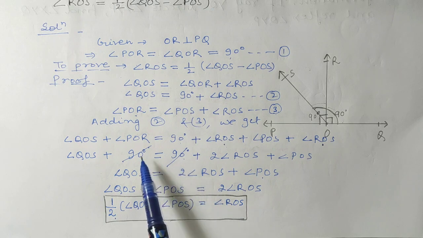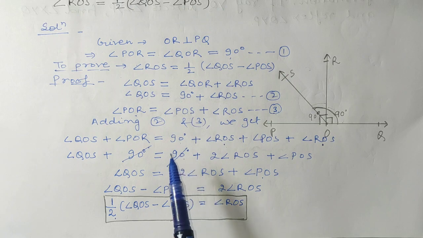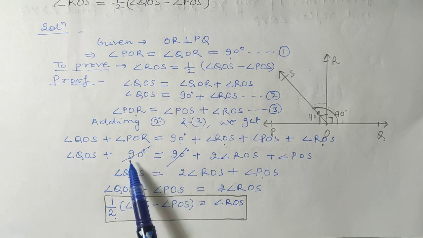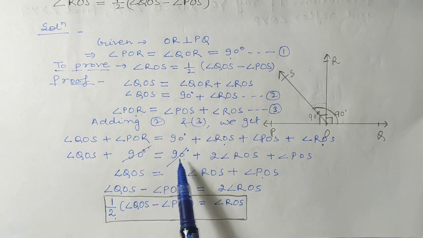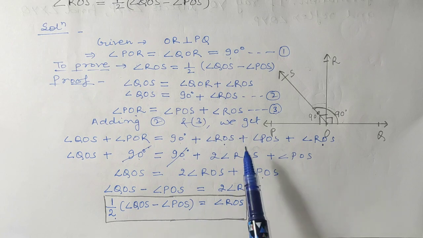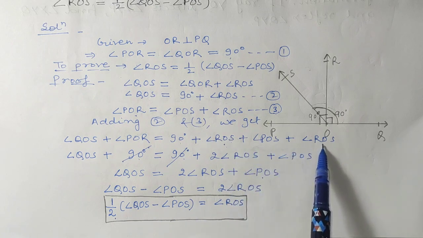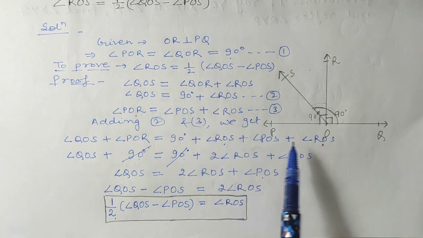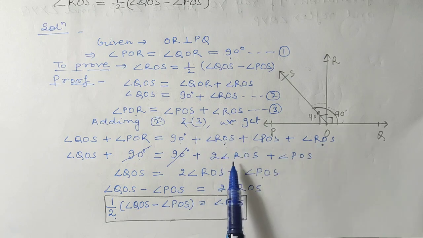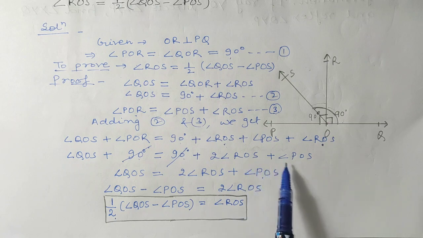So we can say that if both are equal and with the same sign, in different sides, that is one is in left hand side and one is in right hand side, we can cancel them out. Okay, and one more thing here, angle ROS plus angle ROS, it was 2 times, so it will be added, that is 2 times angle ROS, and one is here angle POS.